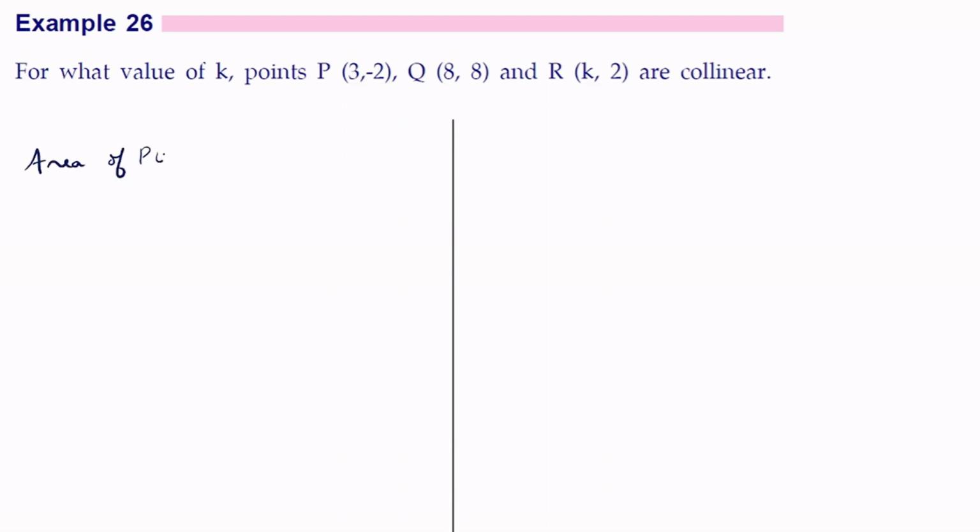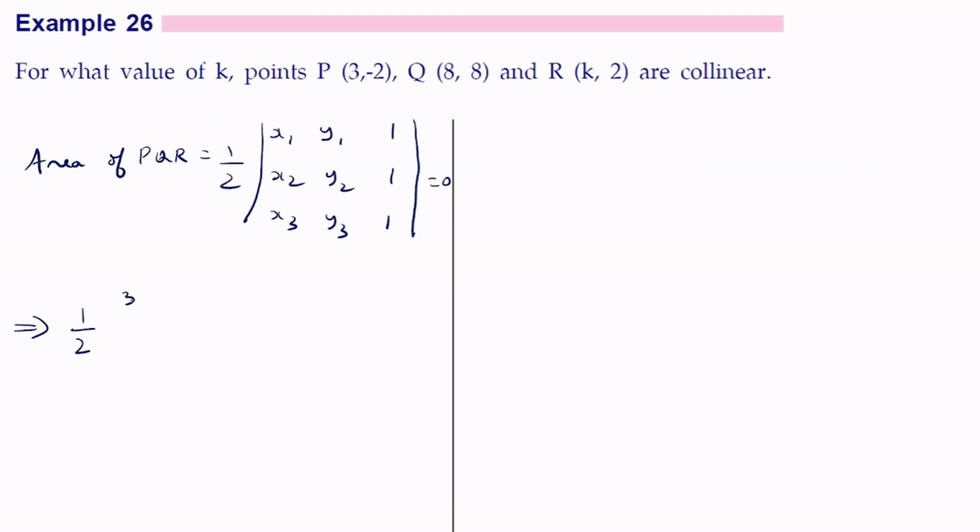Area of PQR is given by half of determinant of x1, y1, 1, x2, y2, 1, x3, y3, 1 equal to 0. Only then these 3 points will be collinear. This implies half of determinant 3, 2, 1, 8, 8, 1, k, 2, 1. This determinant is equal to 0.